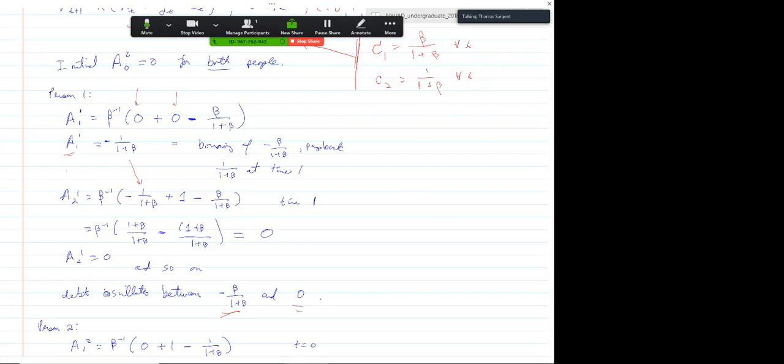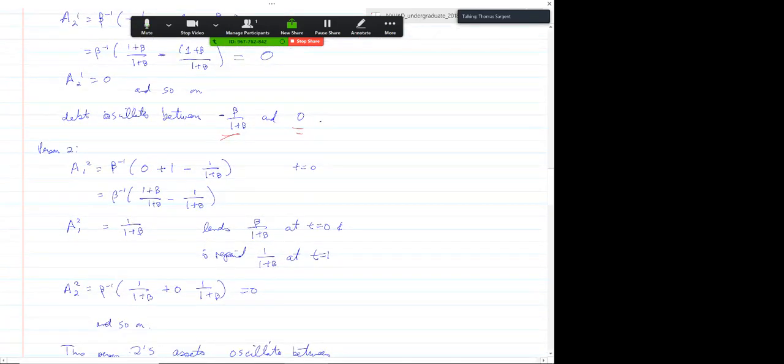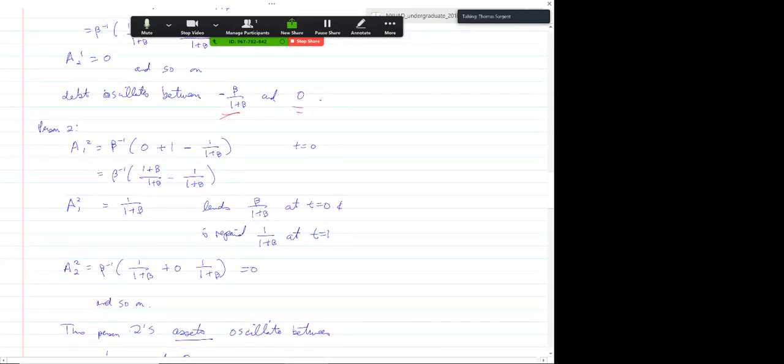So let's verify that independently. So person 2, well, we just go through the same steps. A1, 2, 0. What this person does is he has income now, but he's actually going to consume not his entire income, but 1 over 1 plus beta.